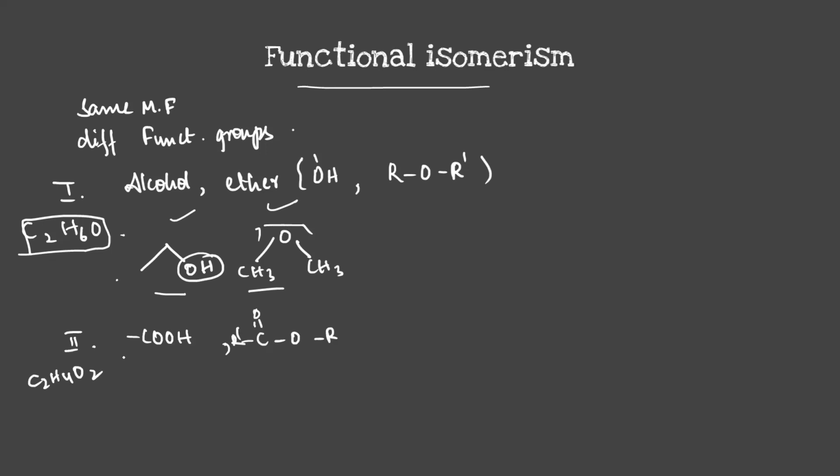Let's write the functional isomers. C double bond O, OH, CH3COOH. So this is vinegar or acetic acid. Now let's write an ester for it. Double bond O, O, and then you can write CH3 and leave an H here. See. Now ester and carboxylic acid both show functional isomerism.